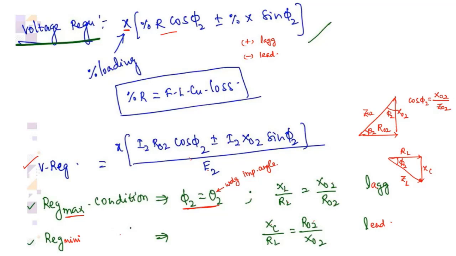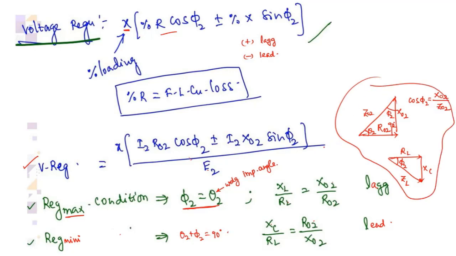So we take up the condition as theta 2 plus phi 2 is equal to 90 simply. So this is the triangle for minimum regulation condition. Be careful: the power factor at minimum regulation is X02 divided by Z02. The power factor at maximum regulation is R02 divided by Z02.